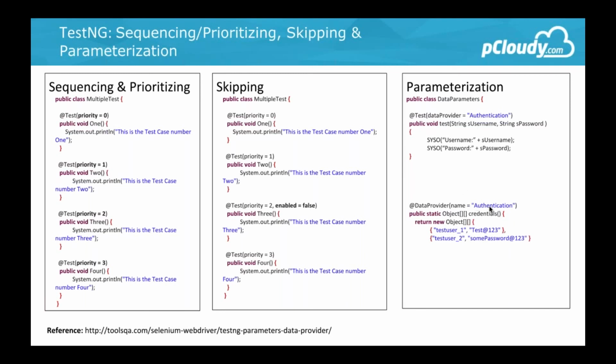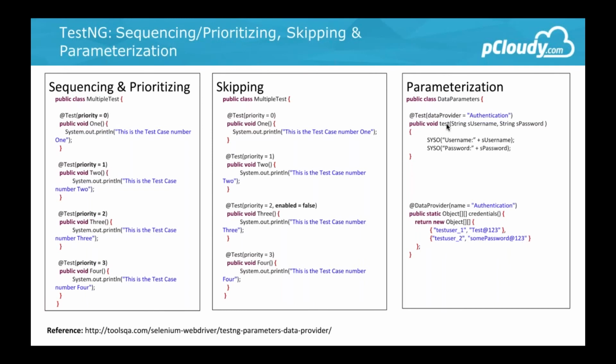When this test is executed, it will take its method signature, like username and password, from the authentication data provider, which is defined in a static credentials method that returns an object array, a 2D object array. For the first iteration, it will use test user underscore 1 and password Test@123. For the second iteration, it will use test user underscore 2 and some other password.